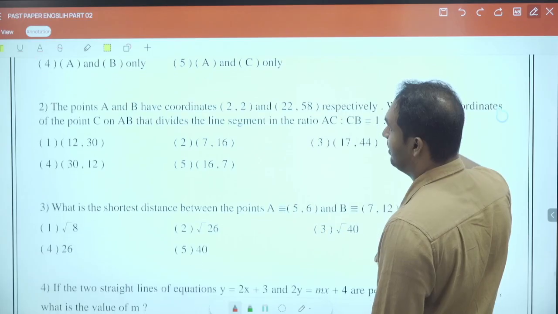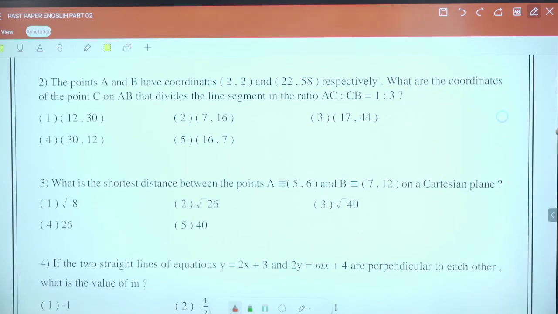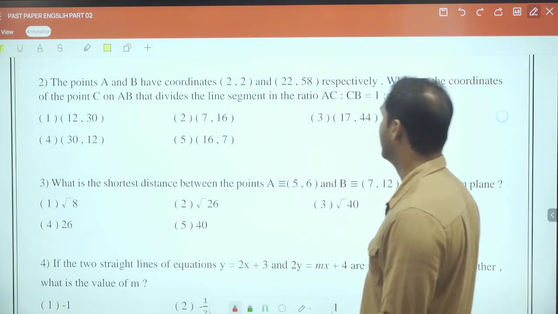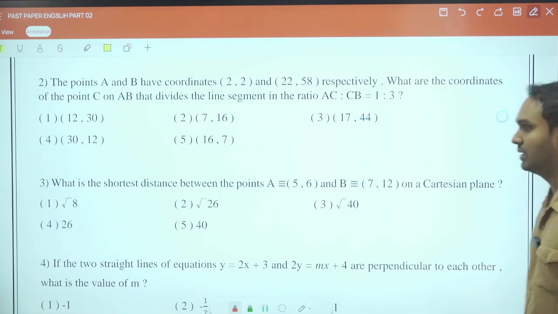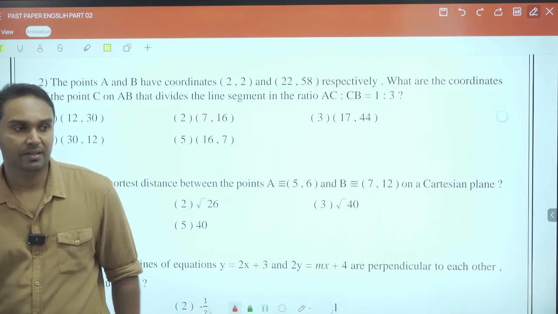The points A and B have coordinates 2 and 22, 58 respectively. What are the coordinates of the point C on AB that divides the line segment in the ratio AC:CB equals 1:3? Now, does the point divide the line into even parts?